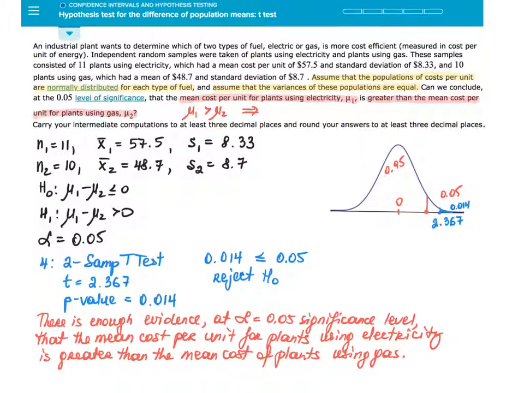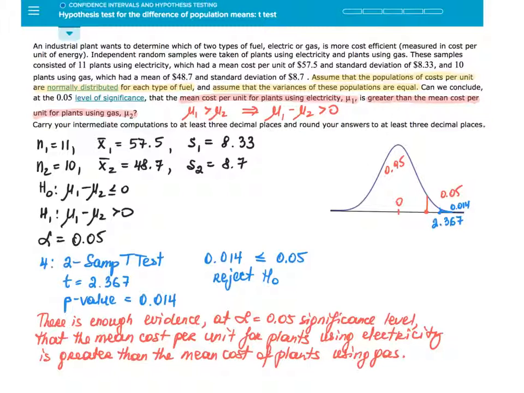Or equivalently, is it true that mu sub 1 minus mu sub 2, the difference between them, is greater than 0? Why? Because if I have a larger quantity minus the smaller quantity, the result of the difference should be bigger than 0, positive.